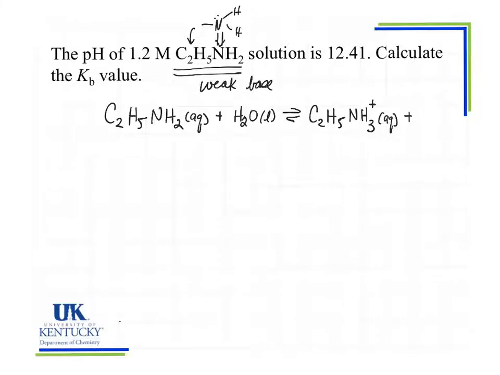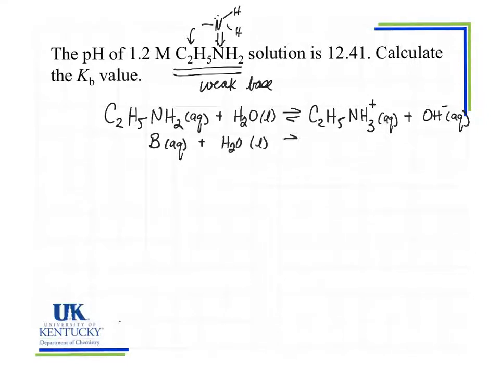And what will we have with water? Well, water, since it donated, has one less H plus, which gives me the OH minus, and that is a base. Now, you can write all that out. I very often will just let a B represent my base because it will always do the same thing.